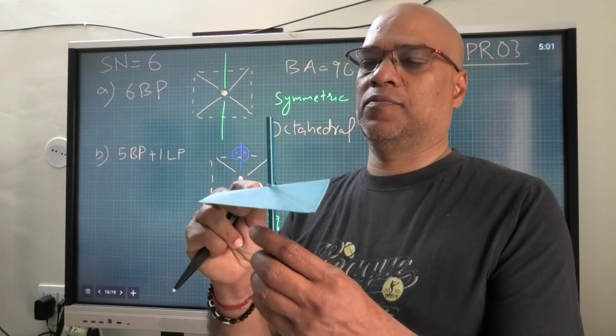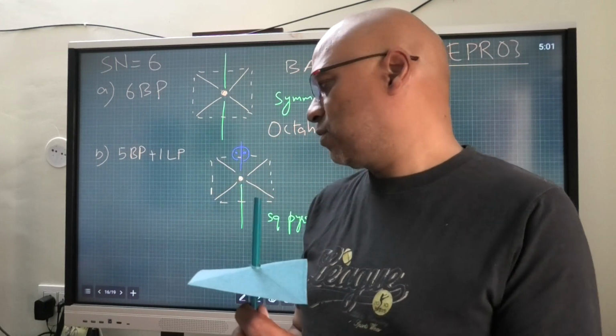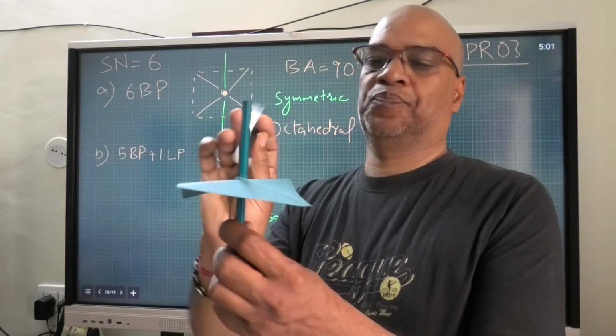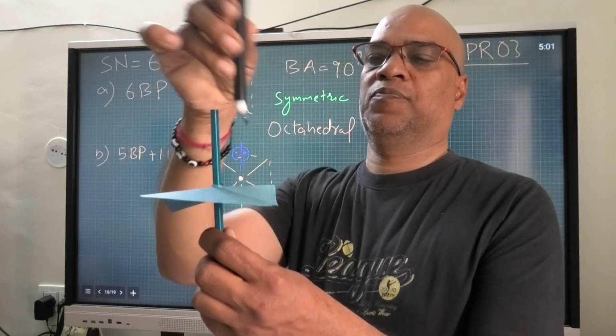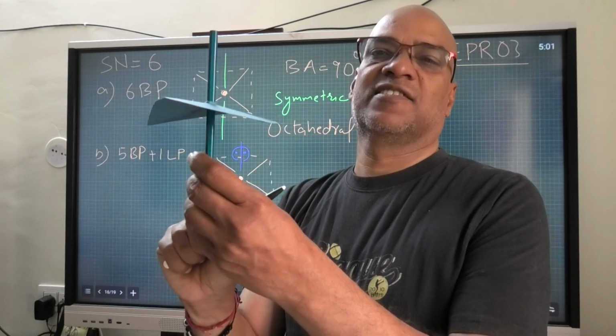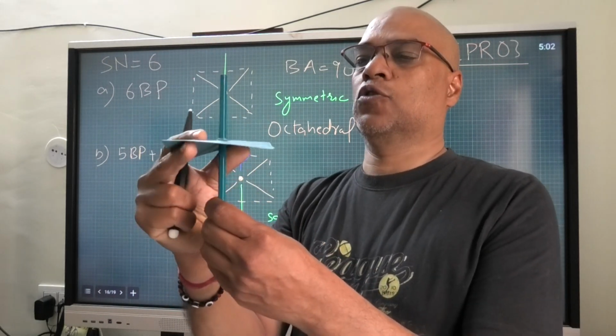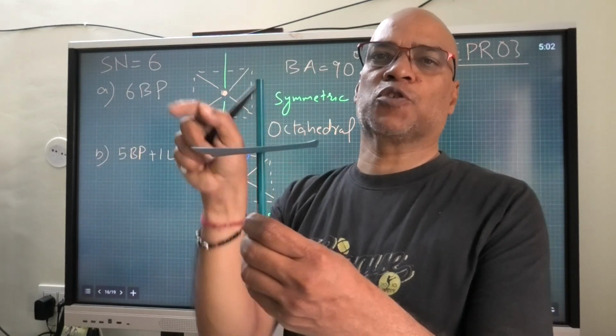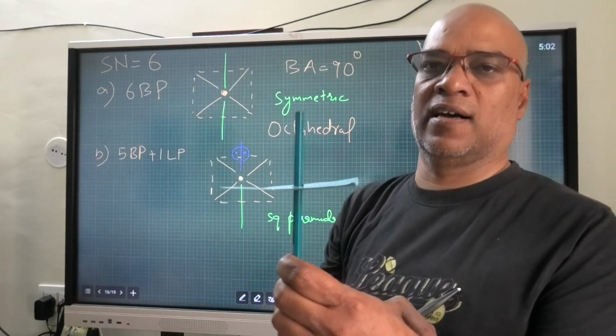So the octahedral you can imagine like this: 1, 2, 3, 4 bonds. This is the 5th one and this is the 6th one. Got it? So all bond angles are 90 degree. Suppose we count how many 90 degree bond angles are there.